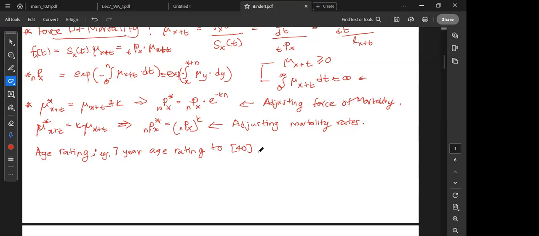So this means the person at 40, so this is the real age. Age is 40. And by the time of purchasing the insurance, we consider this person as a person at age 47. So the actual is 40, but due to some previous exposures of that person, we consider him as a person whose age is 47. So that is the age rating concept.